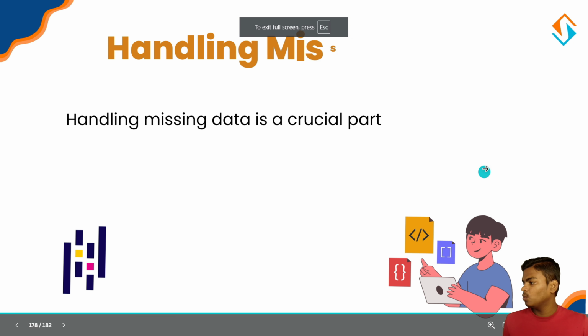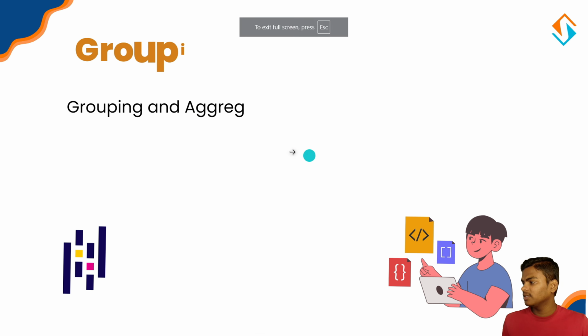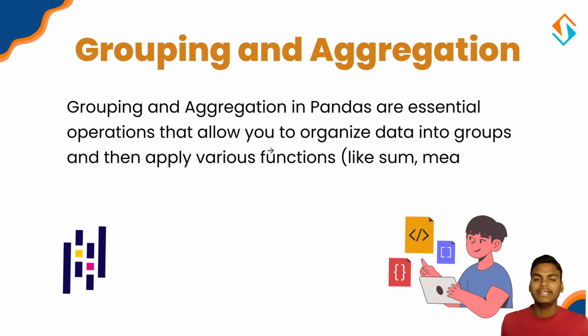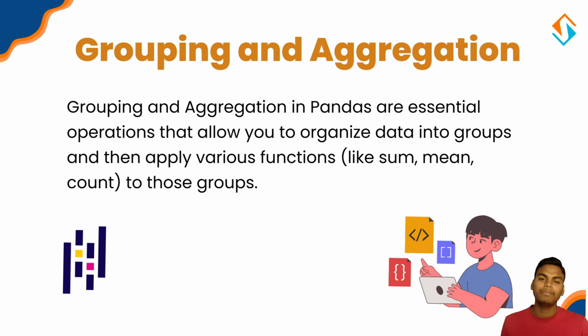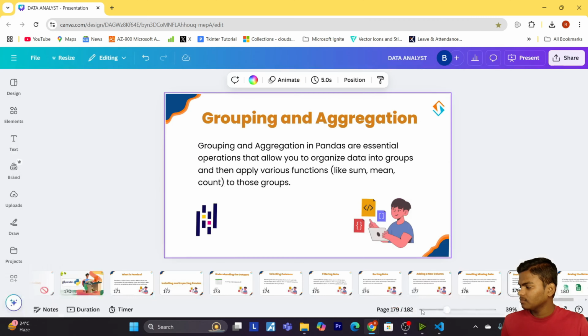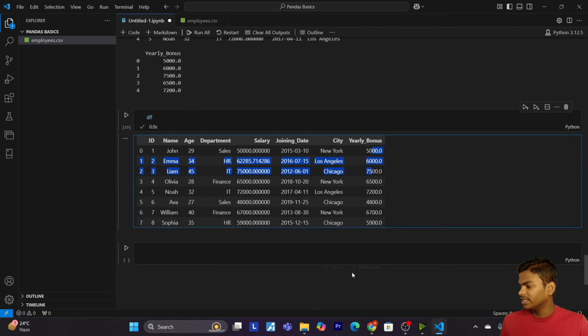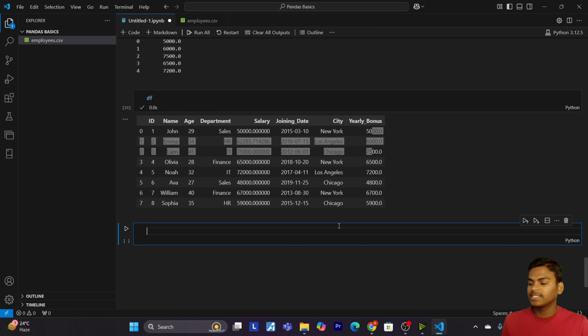So now let's come to our PPT. The topic we are going to learn now is grouping and aggregation. Okay. So now let's group employees by department and calculate the average salary for each department. Okay. So for this, let's come to our VS Code again. So this time we are going to see aggregation.